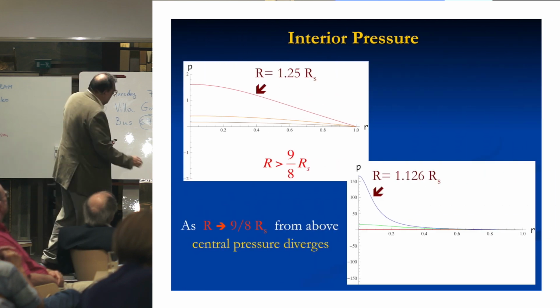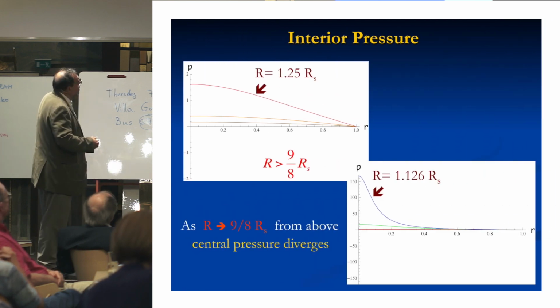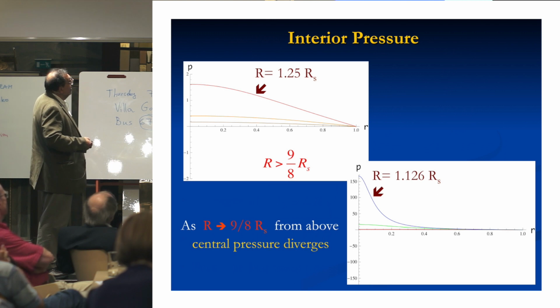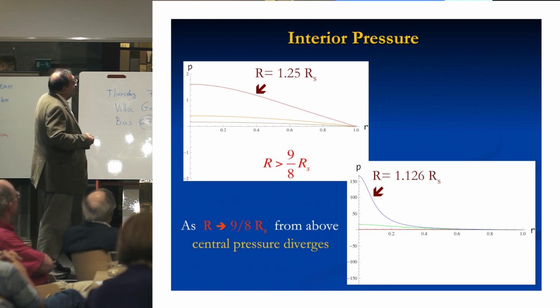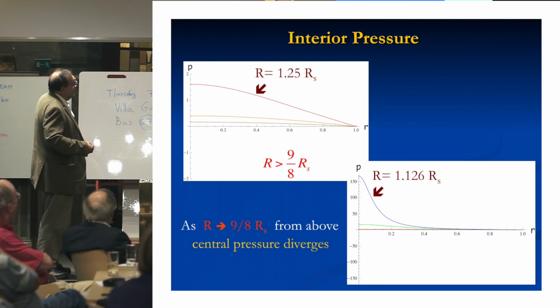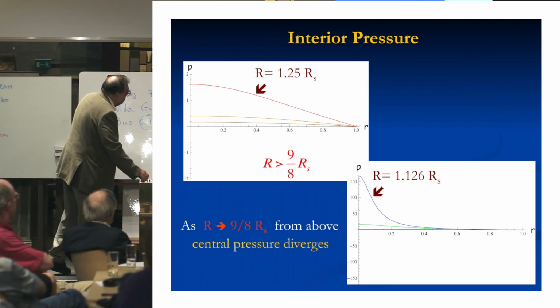So you can plot this and just play with it and see what happens. So for R greater than 9/8, the pressure is very reasonable. Nothing is happening. But as you approach 9/8, what happens is this pressure at the origin starts to diverge. Okay? The central pressure blows up.